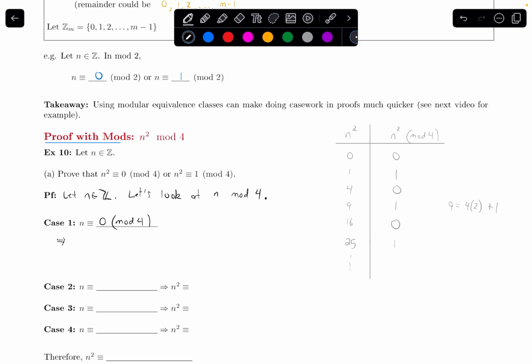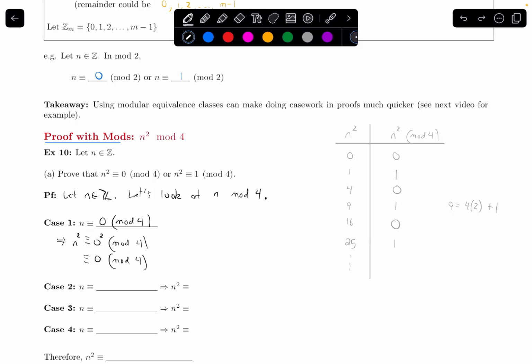So if I square both sides, I'll get n squared is congruent to 0 squared, mod 4. That was one of our theorems. Well, 0 squared is just 0, so I get 0 mod 4. Okay, so in the first case, I'm getting that n squared is congruent to 0 mod 4. And that's one of the things that is acceptable. Okay, so case 1 is working.